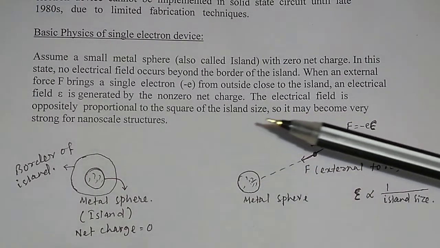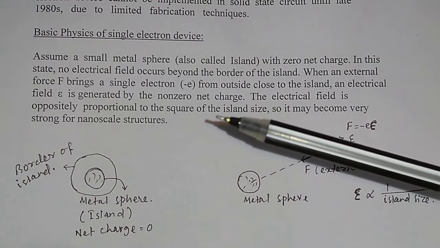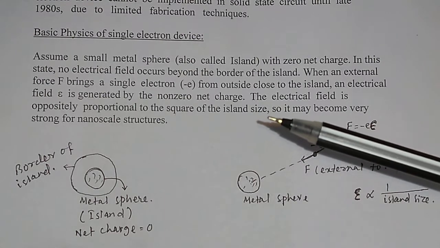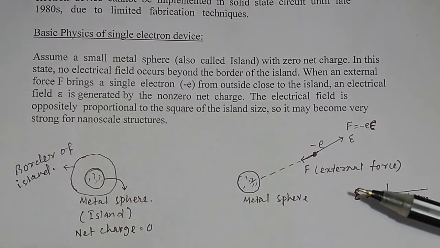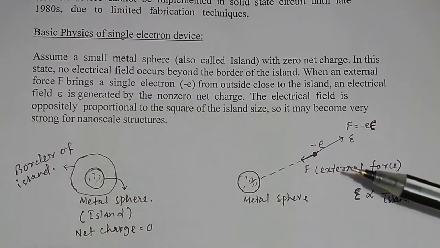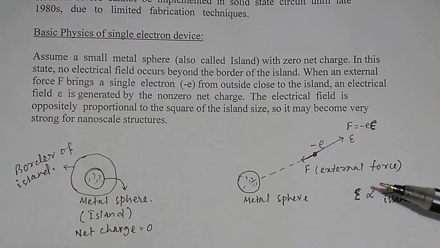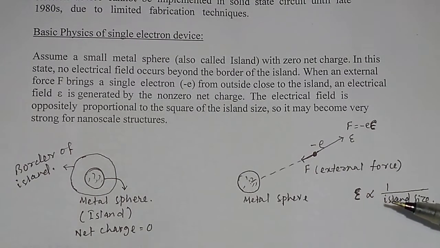The electric field is inversely proportional to the square of the island size. You see, you have a relation that this field is inversely proportional to island size. That means if the island size increases, then the electric field will decrease, and vice versa. If you decrease the island size, then the electric field will increase.